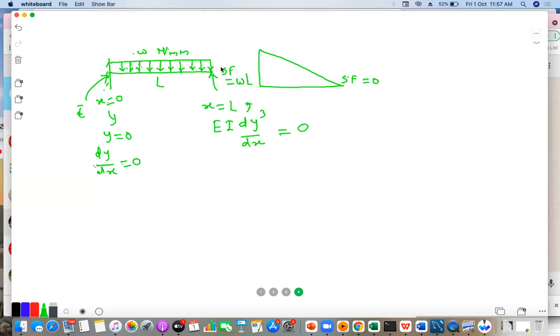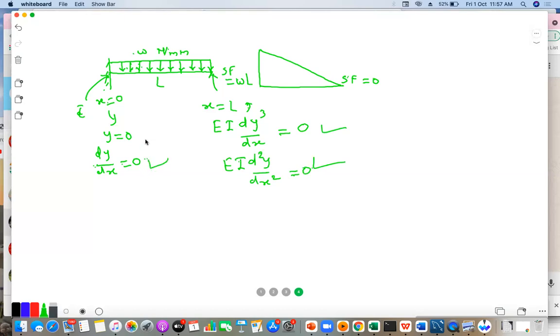Now the moment is also 0 at this point: EI d square y upon dx square, that is also 0. So these are called as boundary conditions.